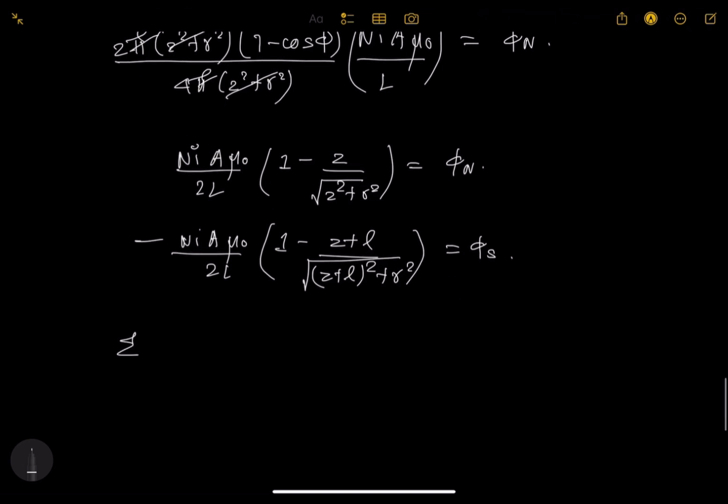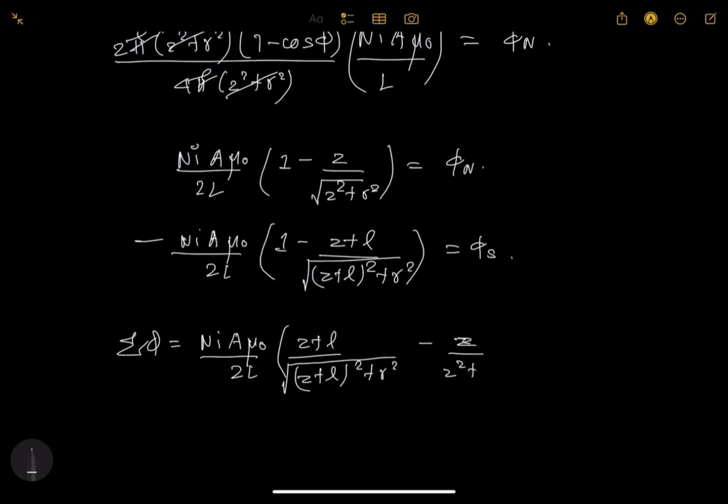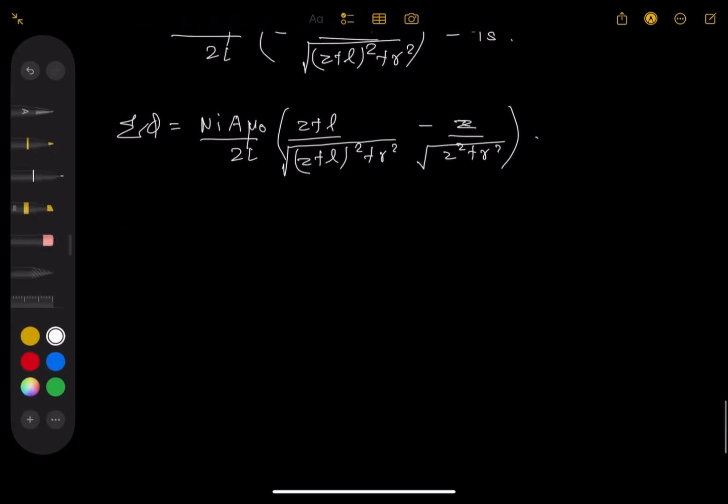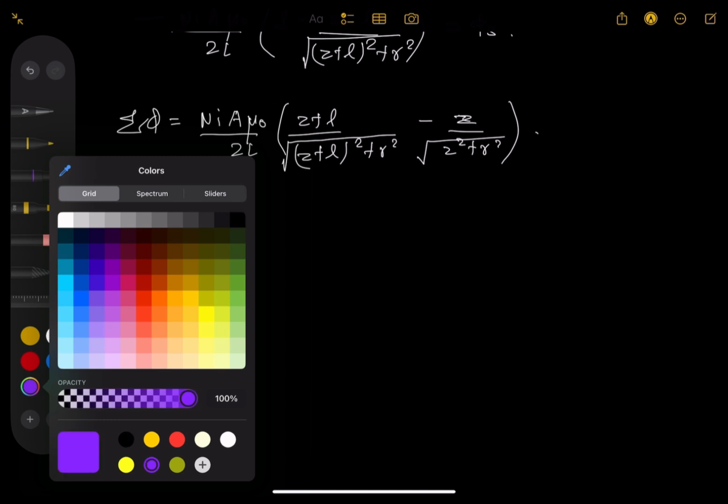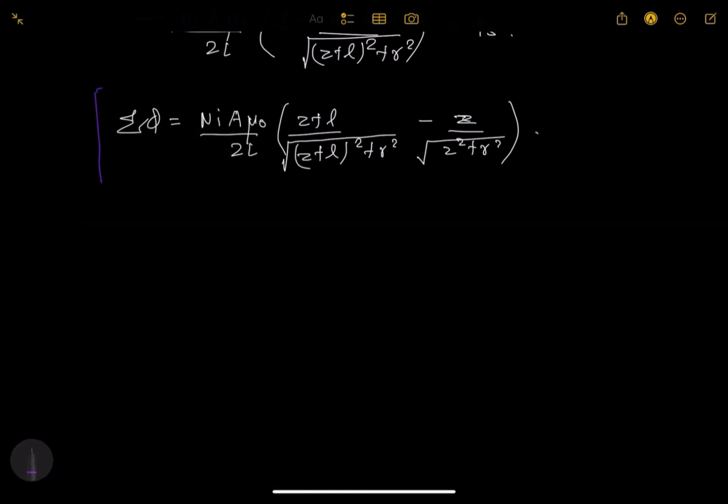Adding the two fluxes, N I A mu naught over 2L, and if we do add them, we basically get this: z plus L over the square root of z plus L whole squared plus r squared, minus z over the square root of z squared plus r squared. So we basically obtained the expression for the total flux passing through the perfectly circular Amperian loop.